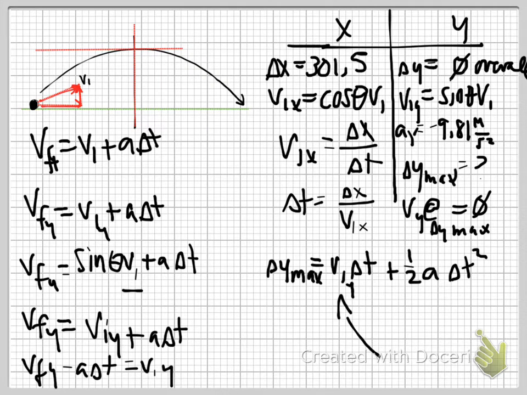I'm pretty sure that sine is going to have to come out of there at some point. Because of course viy equals vi sine theta. Yeah, so you're going to have to divide that by sine of theta.